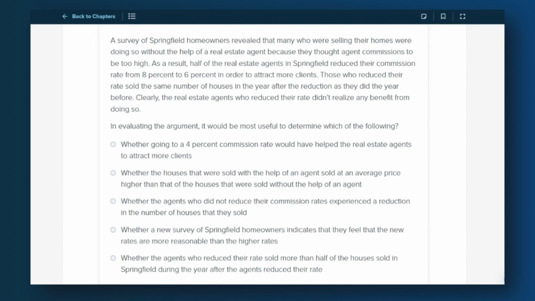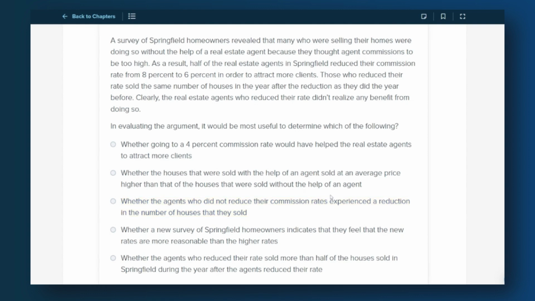And E, whether the agents who reduced their rates sold more than half of the houses sold in Springfield during the year after the agents reduced their rate. This doesn't really help us because we don't know how many houses those agents sold previously, so a percentage now with no percentage to compare it to would not be illuminating. Our best answer is C.